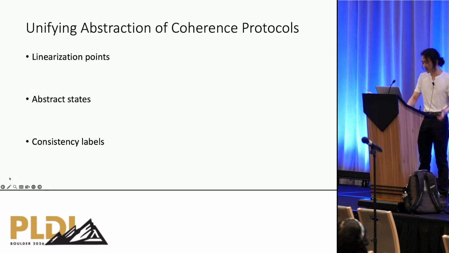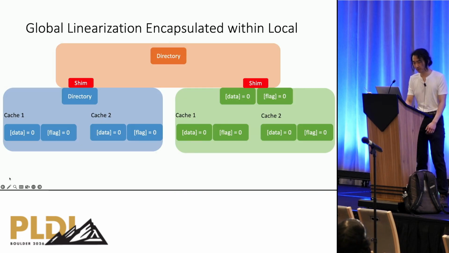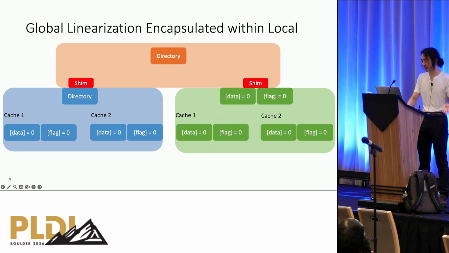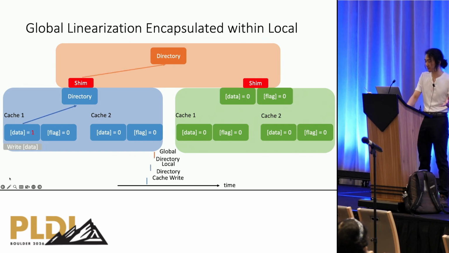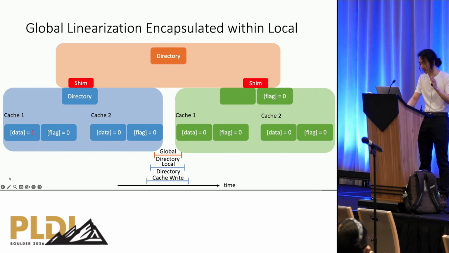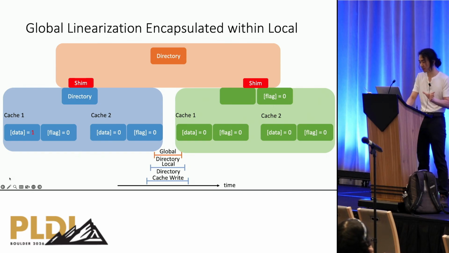So let's see these three ideas in action and go back to the litmus test we explored. Concerning the CPU writing data, it misses and is sent to the cluster directory. And at that point, that's where the shim intercepts it. And the synchronous propagation rule propagates it to the global protocol. And here, this global step is specifically synchronous. So this global operation is encapsulated by the local request.